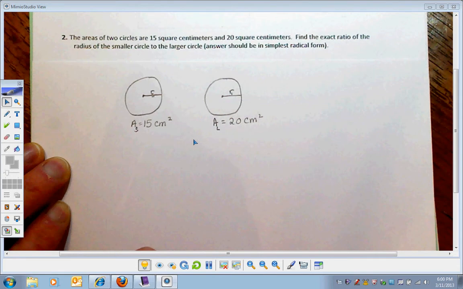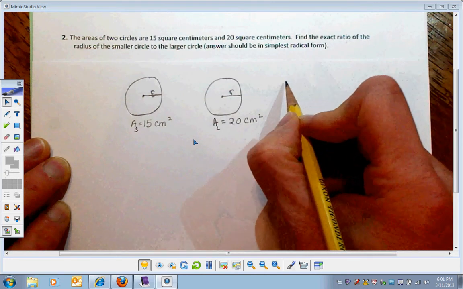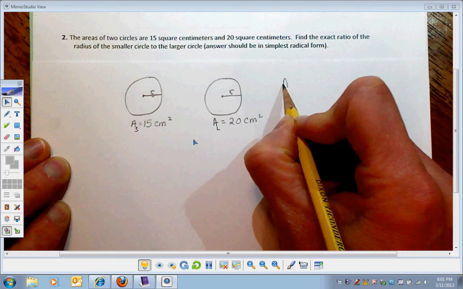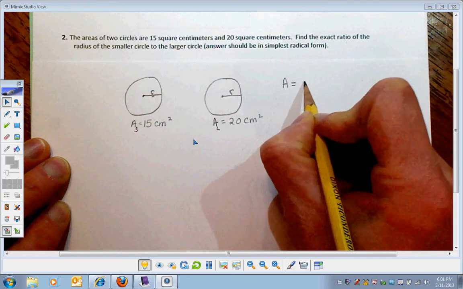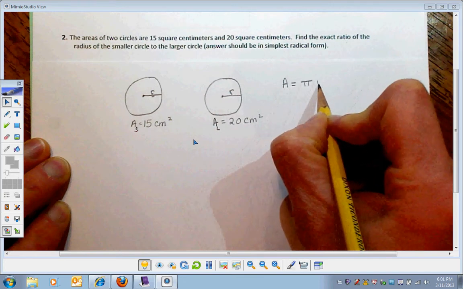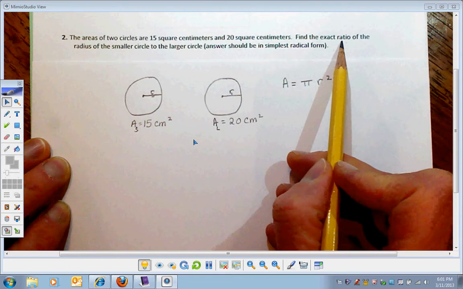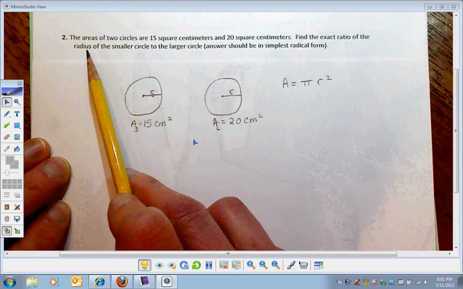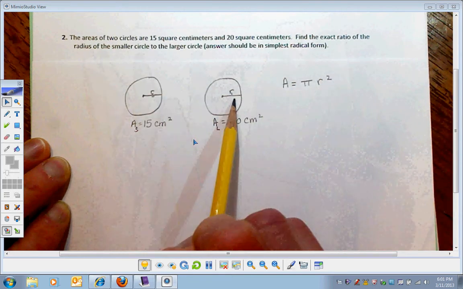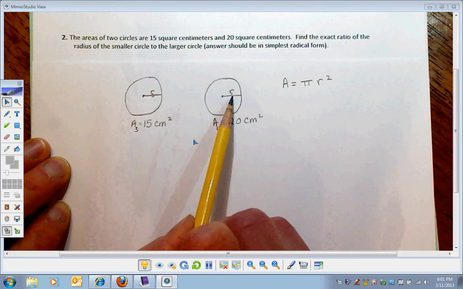So they haven't given me the equation for the area of a circle. That's something that's assumed that you already know. Look it up. So the area of a circle is pi r squared. Okay. So they want us to find the ratio of each radii, the radius of the smaller to the larger.